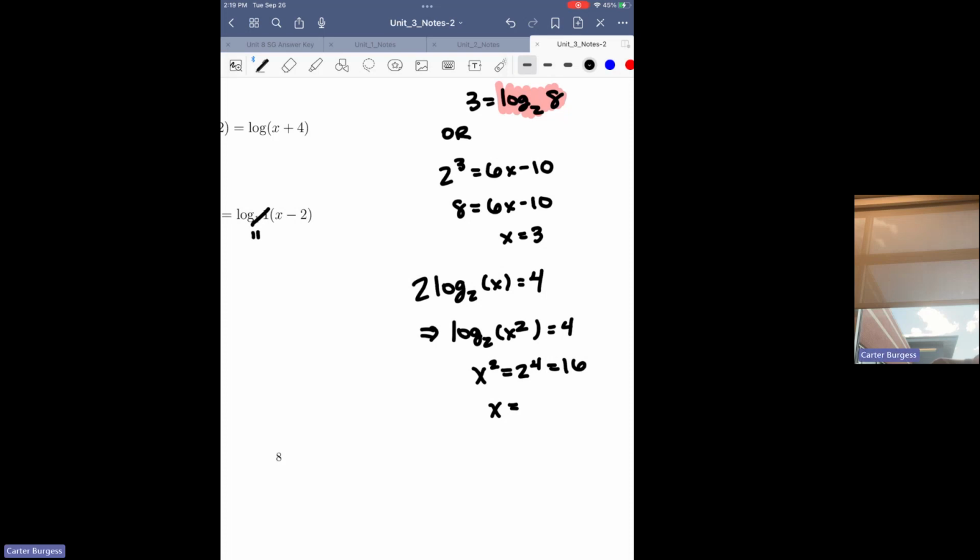When is x squared 16? 4 and -4. Okay. So we got 2 solutions. We're happy. We circle them. We're done. What's the problem?